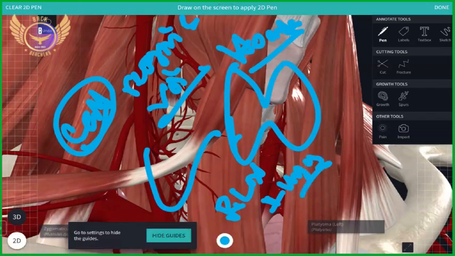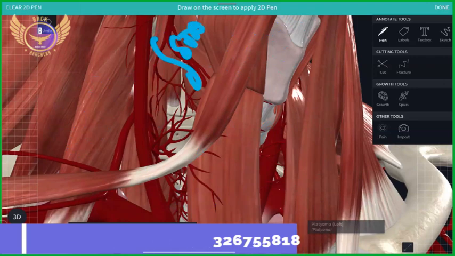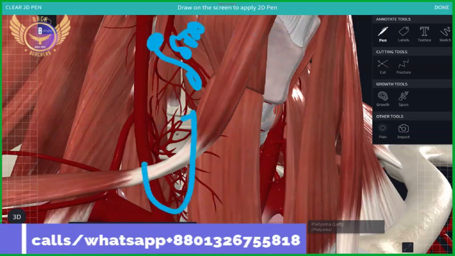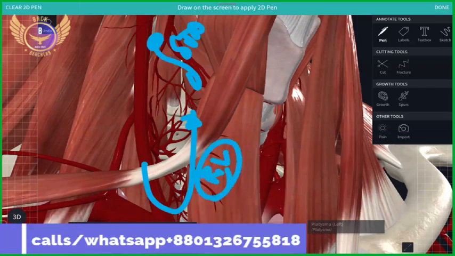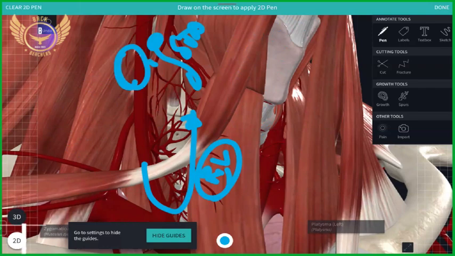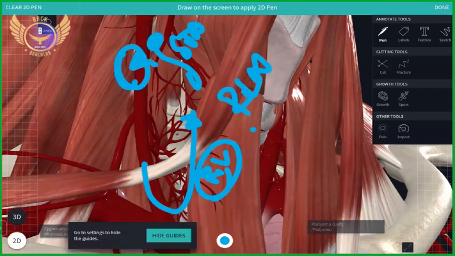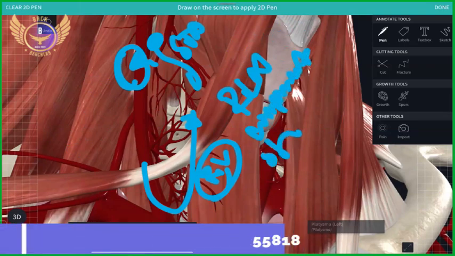We have ligated the superior thyroid artery here and the recurrent laryngeal nerve is down here. So what did we injure? We injured vagus, but only the recurrent laryngeal nerve component, the RLN component of vagus.